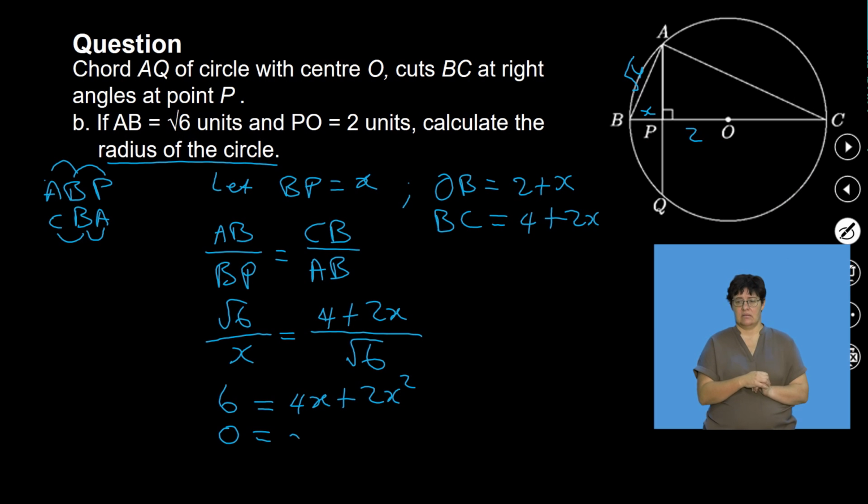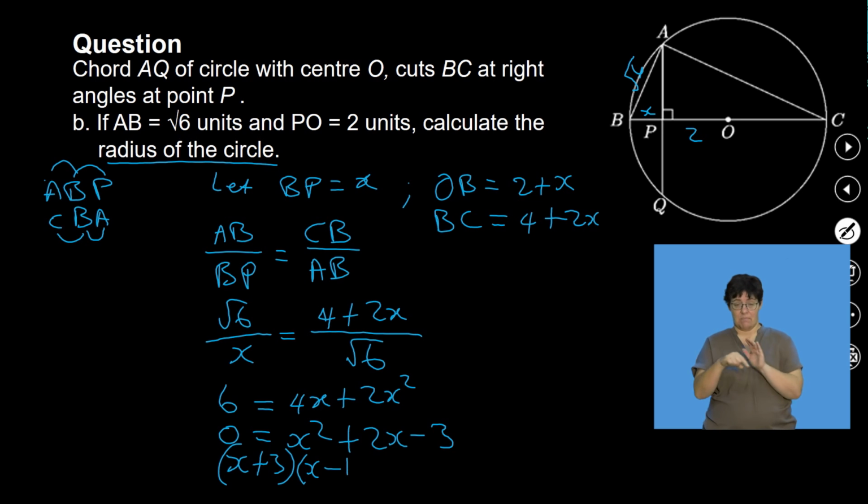So this will be x squared plus 2x minus 3. Factorize this, and it gives me my answers. This will be x plus 3 into x minus 1. Therefore, automatically you can see that x will be minus 3 or positive 1.